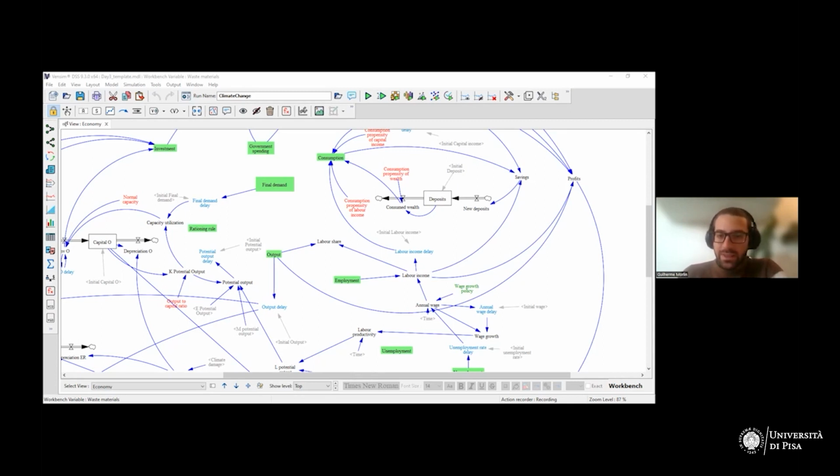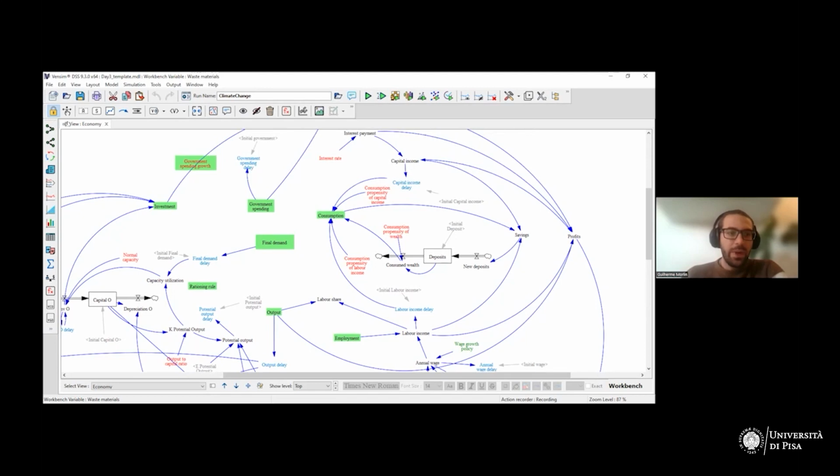So the first point is to just open the file, open the view economy, and connect each component of demand with the final demand variable. And then we can write the formula for the final demand in the respective variable. Remember, we can create variables using the variable tool here, and we can connect them using the blue arrows. Here we have final demand, and the components are investment, government spending, and consumption.